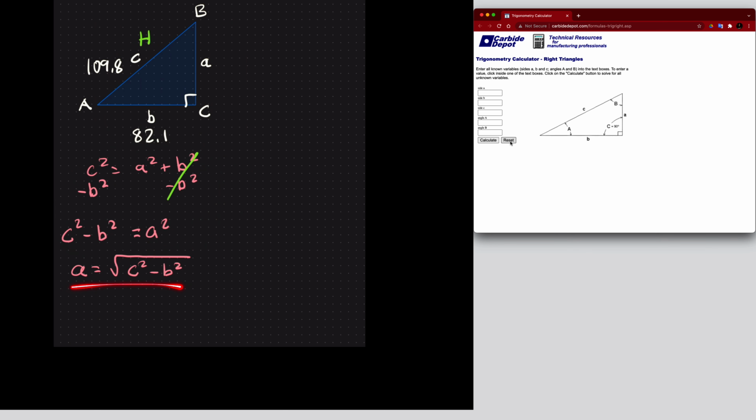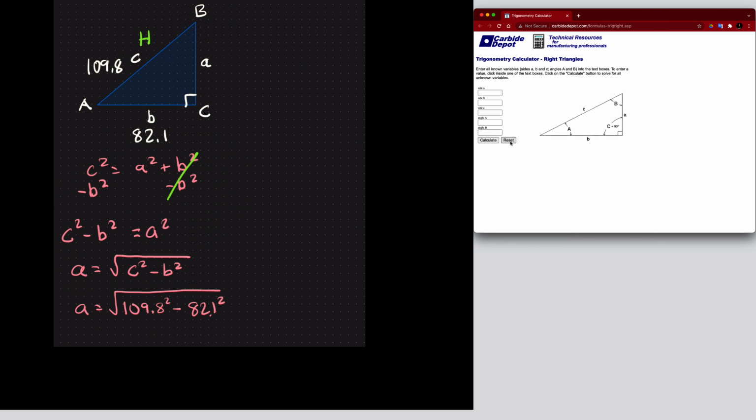So now all I'm going to do is replace those variables with the values given on the triangle. I have A equals the square root of C, 109.8 squared, minus B, which is 82.1 squared, and then go to my trusty calculator and punch it in.